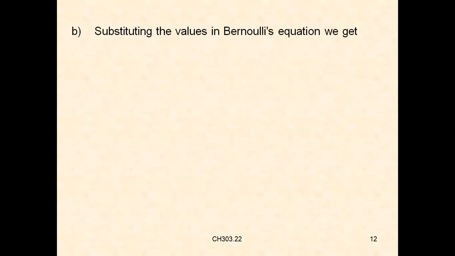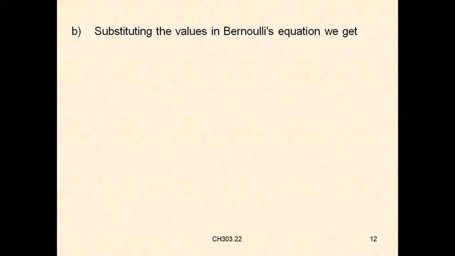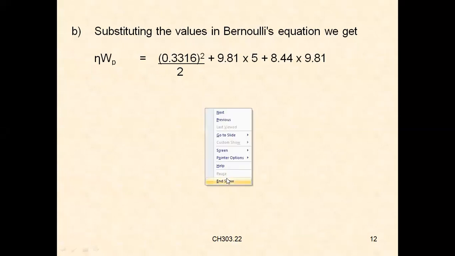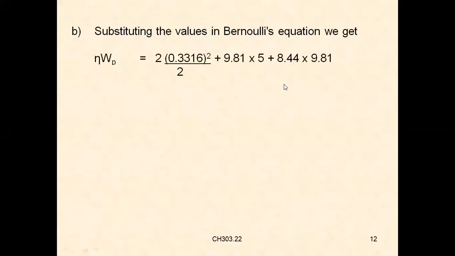So substituting the values in the Bernoulli's equation, we'll get efficiency into WP is equal to alpha B UB square, so actually we have alpha equal to 2, plus g into ZB minus ZA, which is 9.81 into 5, plus the HF value.